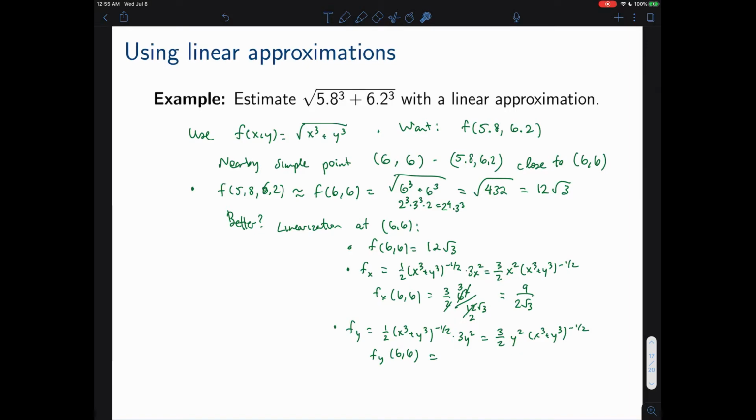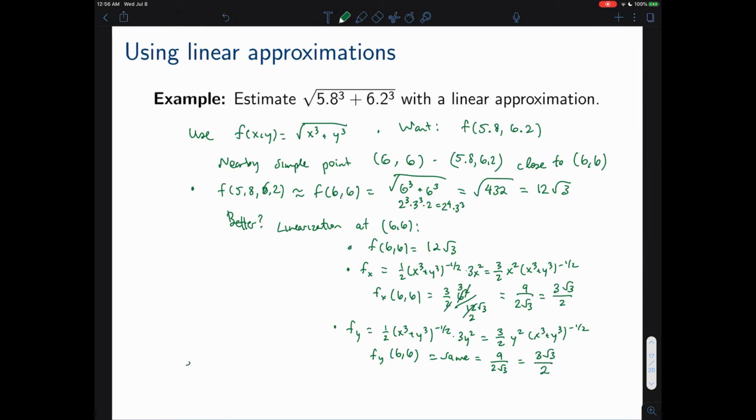I'm going to plug in the same number in the same place, so I'm going to get the same value. I'm not saying they're always the same everywhere, just that at the point 6, 6, because the x and y are the same, we get the symmetrical values. I should probably do a small simplification there.